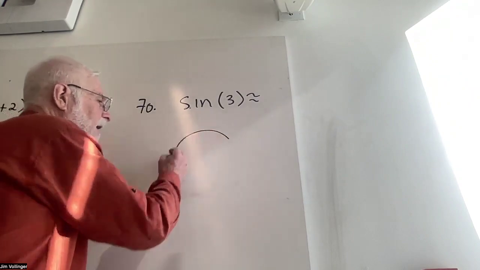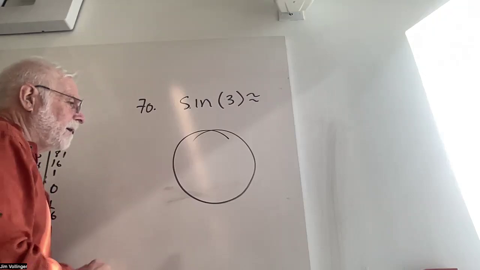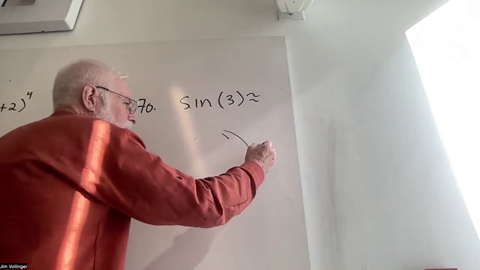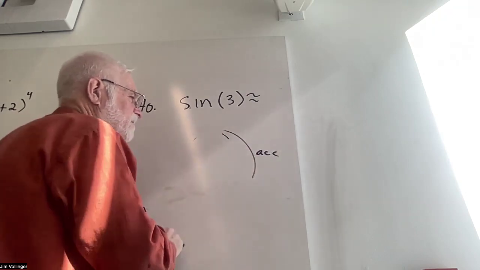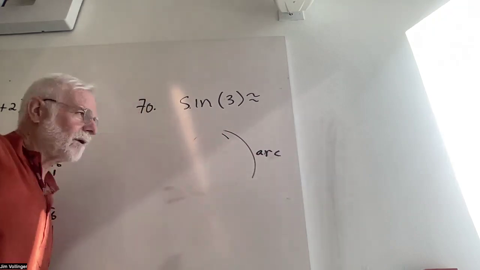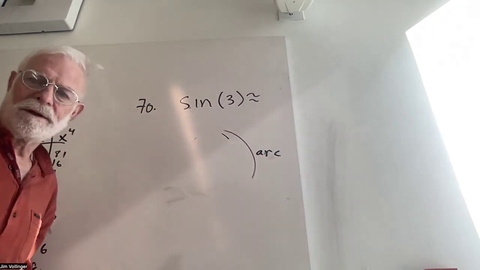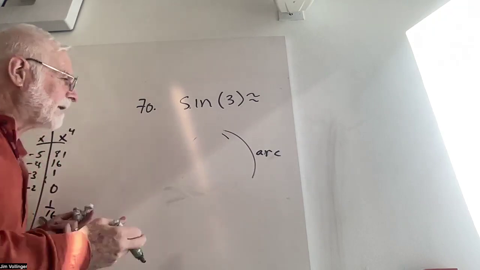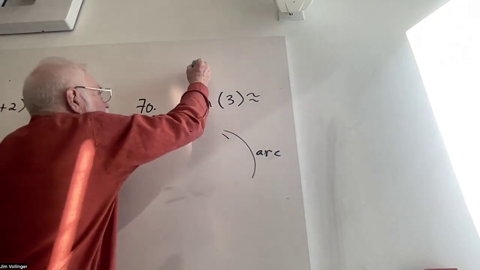If I have a circle like that, and I erase a big part of it, I'm left with something called an arc. I didn't even spell it right, too close to the board. An arc is a portion of a curve, and that's curvature. So in fact, the inverse of sine is actually arc sine.